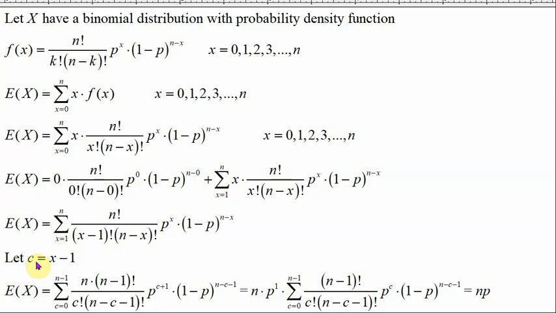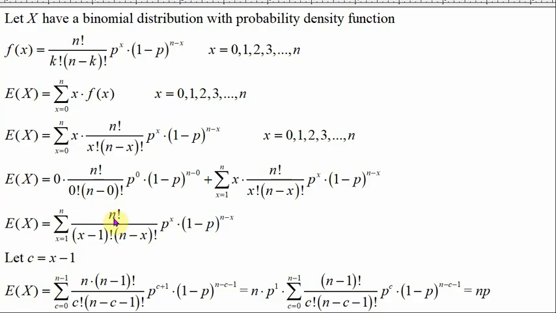Now let's set c to be x minus 1. When x is 1, c is 0. When x is n, c will be n minus 1. n factorial is the same as n times n minus 1 factorial. x minus 1 is c.